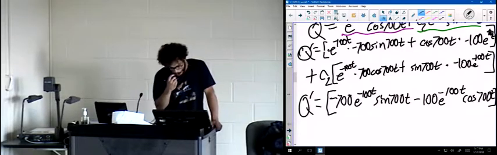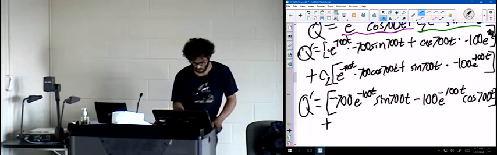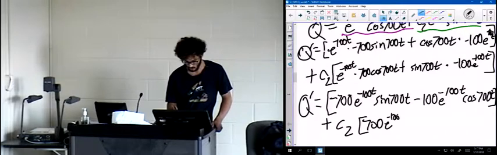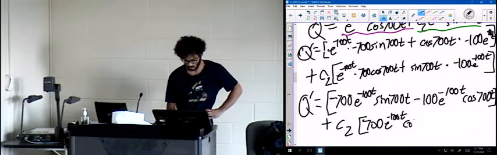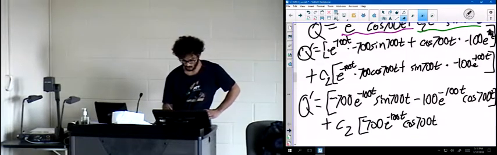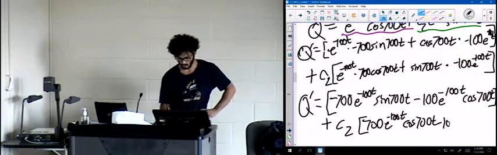And then this bottom, C2 times 700 e to the negative 100t cosine 700t minus 100 e to the negative 100t sine 700t.